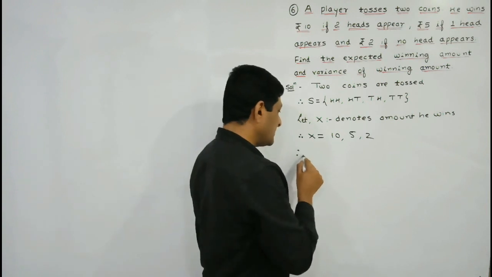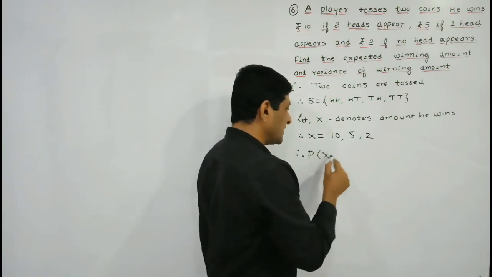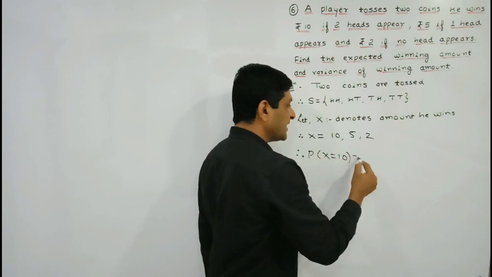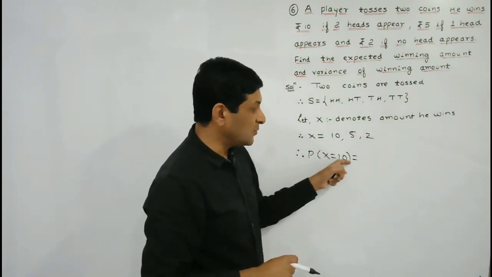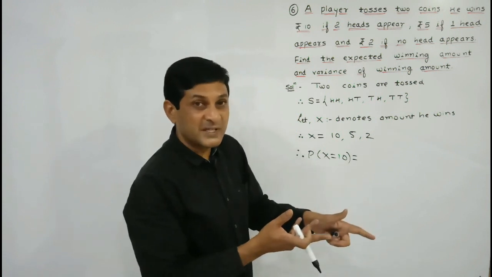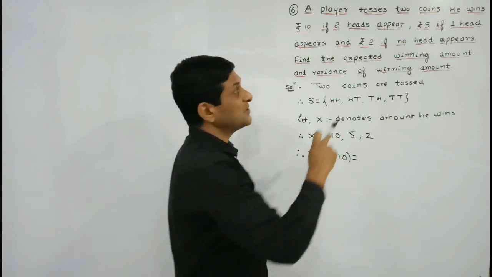So P of x equals 10. X equals 10 means what? X denotes the amount he wins, so x equal to 10 means rupees 10 are won. And when is it possible that he wins rupees 10?